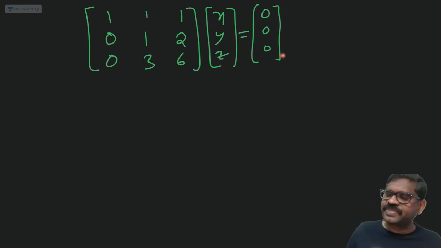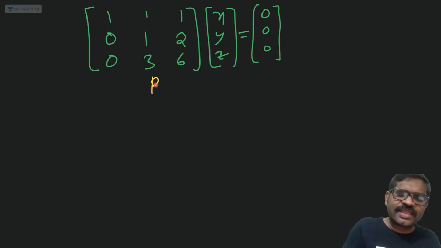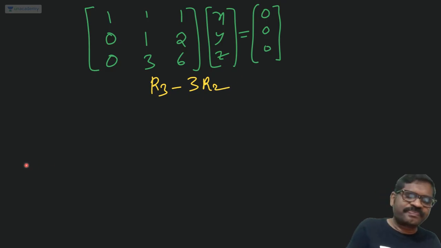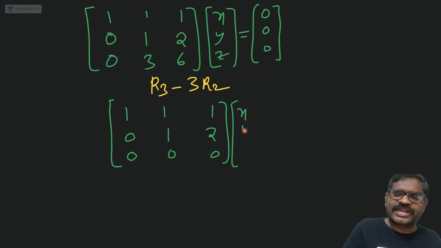Next, Avdesh, not 3R1, 3R2. R3 minus 3 times R2. Now, 1 1 1, 0 1 2, 0 0 0, times x y z equal to 0 0 0.